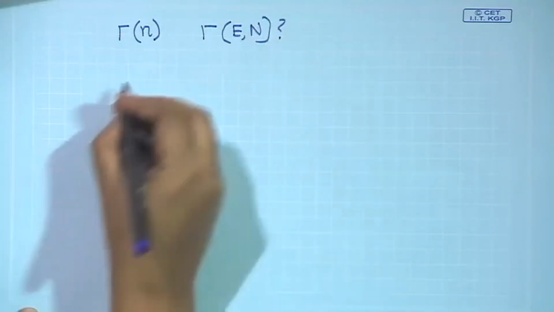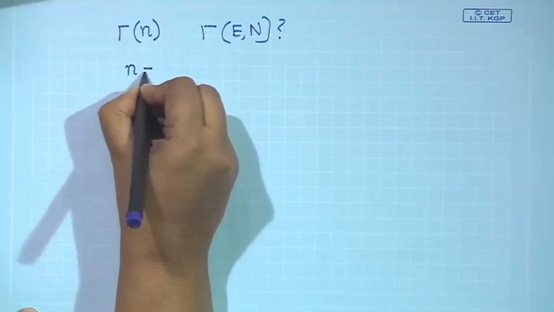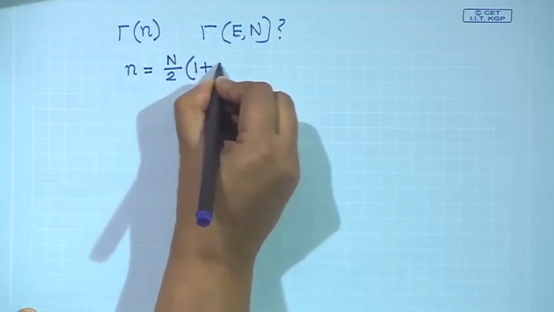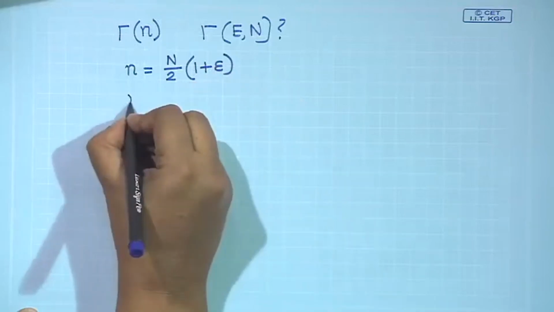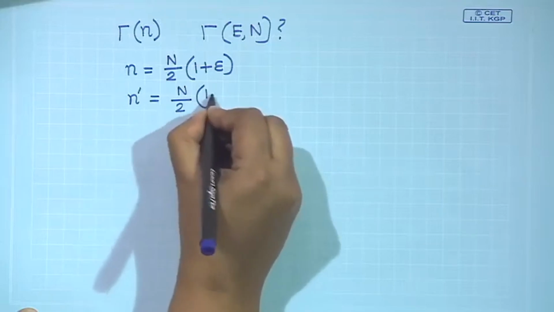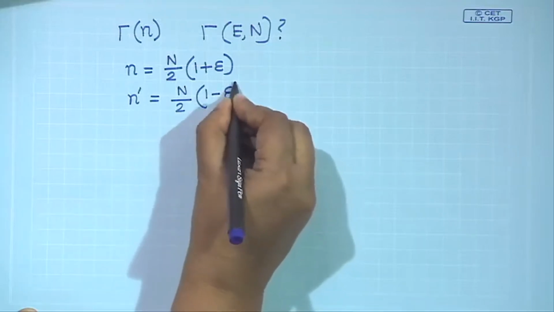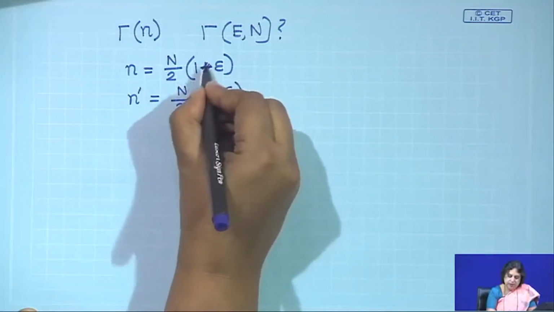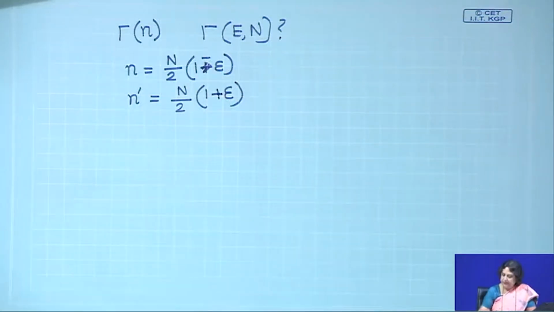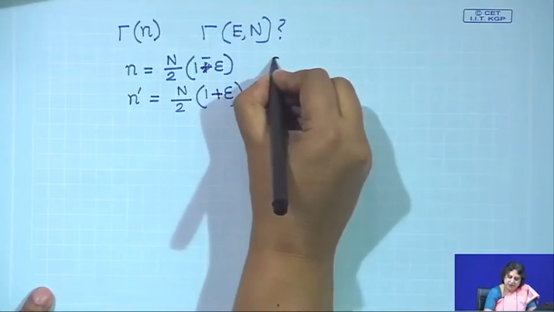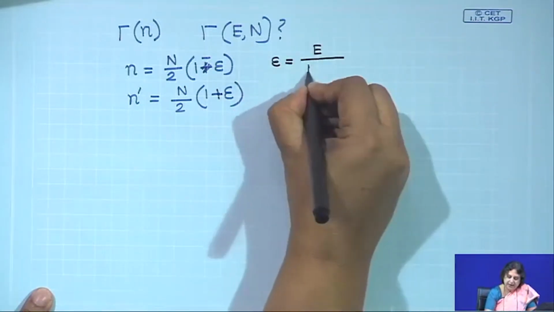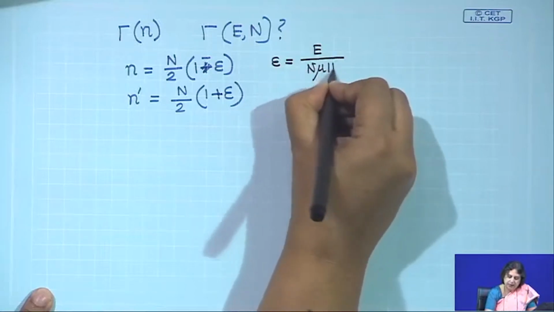Actually, in a previous class we have seen that under the given condition, small n is equal to capital N by 2 into 1 plus epsilon, and n prime is equal to capital N by 2 into 1 minus epsilon. Sorry, this is 1 minus epsilon and this is 1 plus epsilon. So, what is epsilon? Epsilon by definition is given by E, the total energy, divided by capital N mu h.